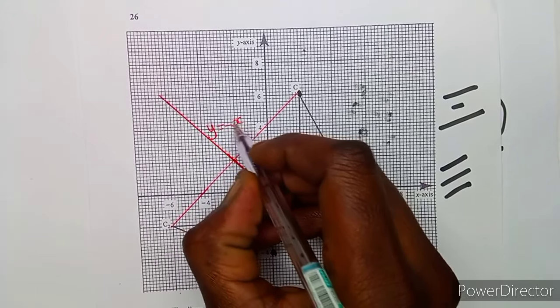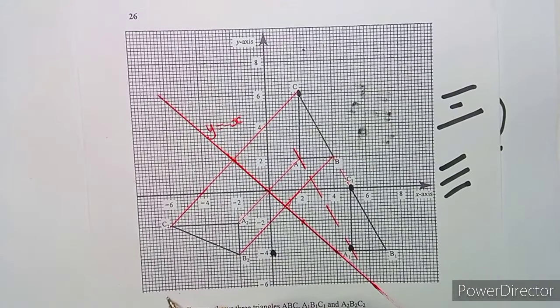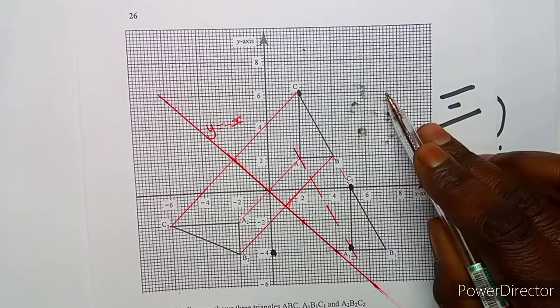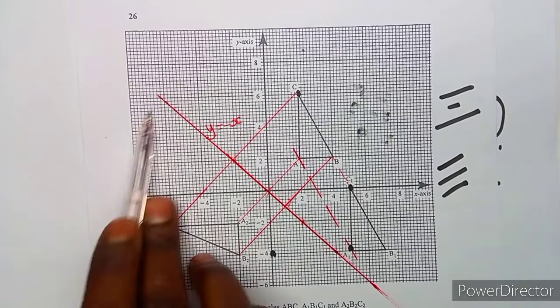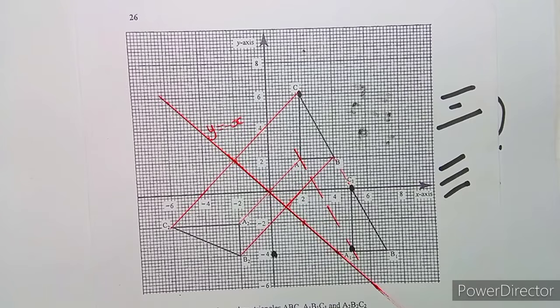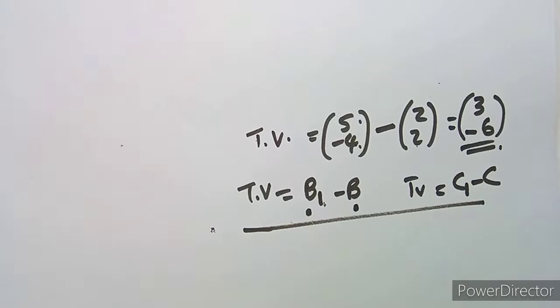You're supposed to know these lines. If it has a positive gradient like this, it's y = x. This one has a negative gradient, so it's y = -x. All right.